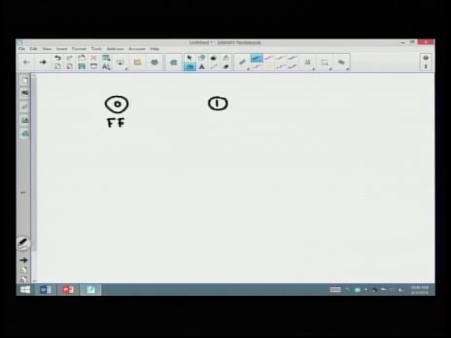And also state 1, one computer has failed and the other one is in good condition. And then here, both are in good condition, right?